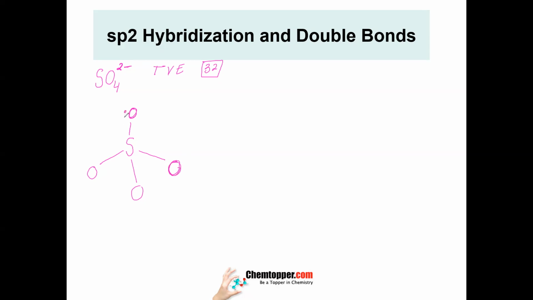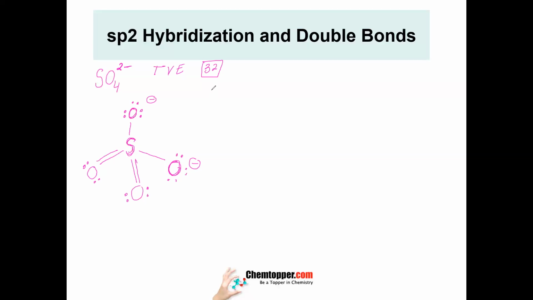2 oxygens are singly bonded and they will be holding this negative charge with 3 lone pairs like this. All these things we have done earlier, right? And 2 of the oxygen will be doubly bonded. Can you check how many groups around sulfur? Groups around sulfur.